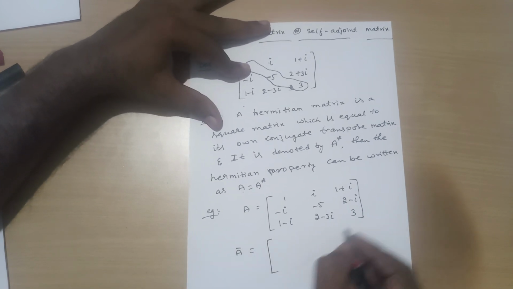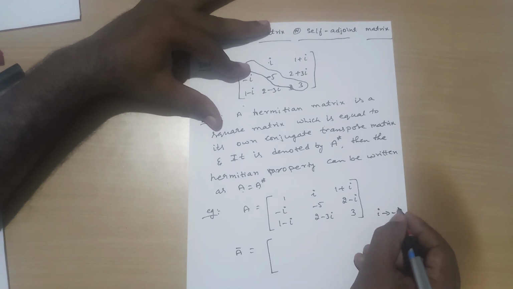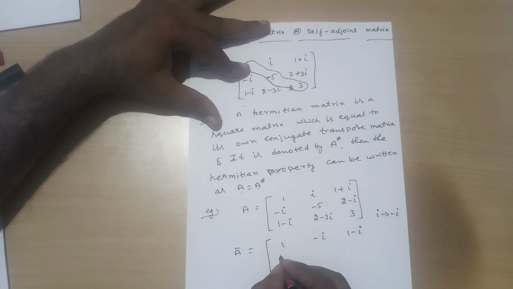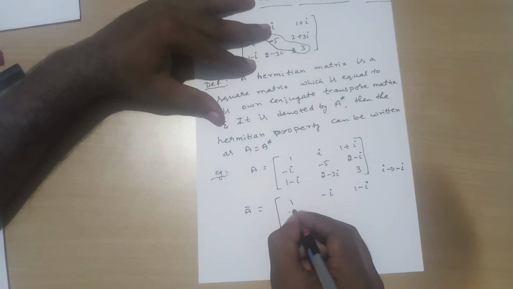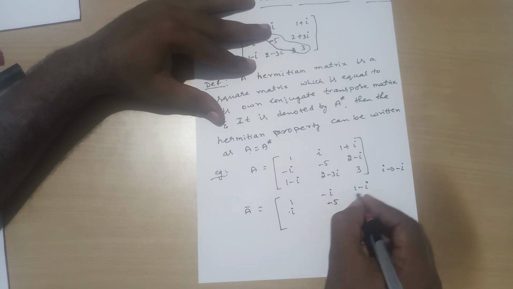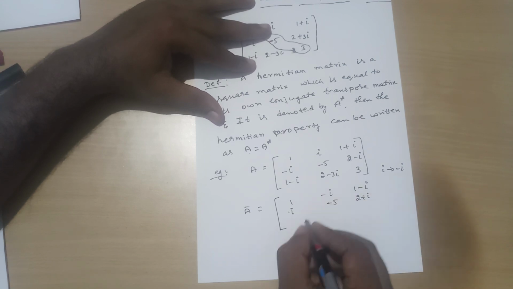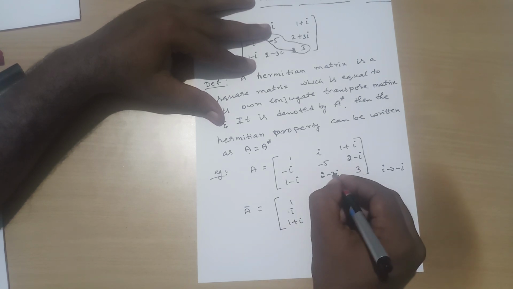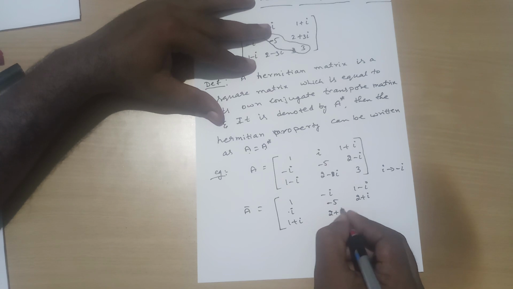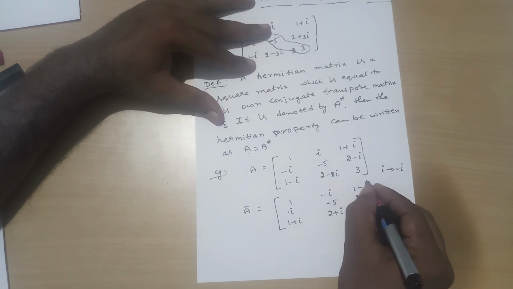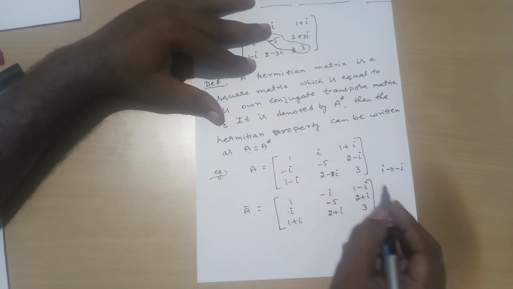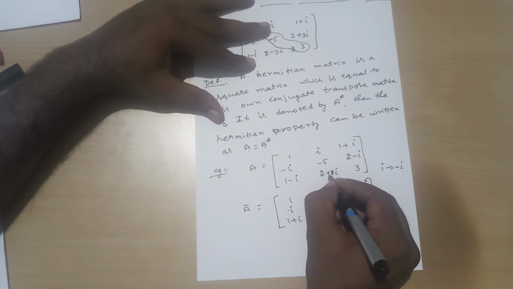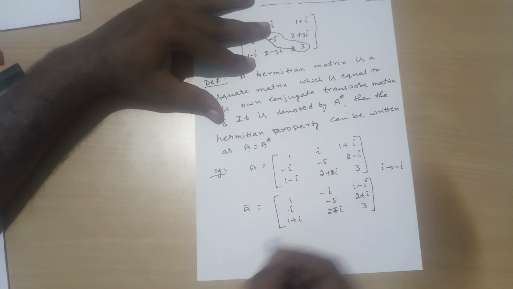Conjugate matrix means I is replaced by minus I. So 1 minus I, 1 minus I, and here we get plus I and minus 5, 2 plus I, 1 plus I, 2 plus I, and you'll get 3. Sorry, it is 2 plus I, and this becomes minus I.